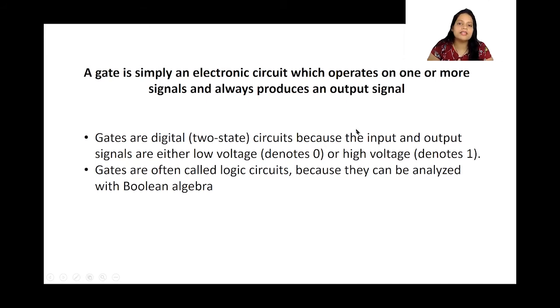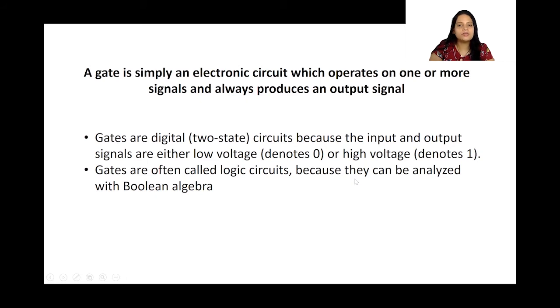Whenever we say we are giving input as 1, you should understand that in digital language we are giving a high input. So giving a high voltage means giving 1 as an input, and giving a 0 as an input means giving a low voltage. Right.